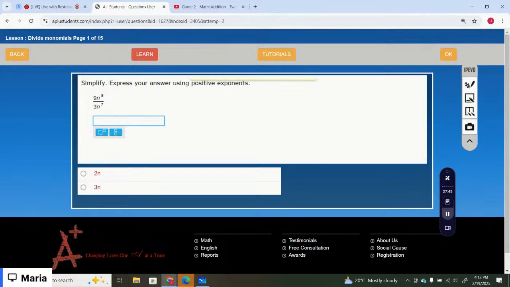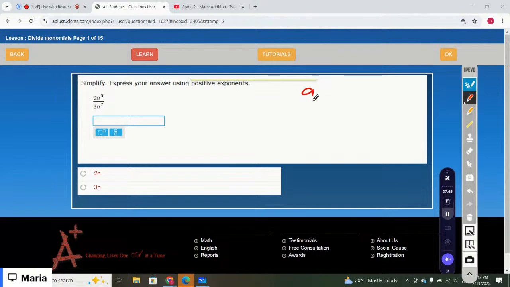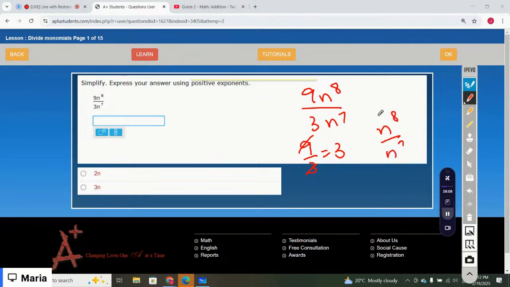9n8 divided by 3n7. First, let's just deal with the numbers. 3 times 1 is 3 and 3 times 3 is 9. So we have 3. Now just look at n8 divided by n7. When two terms with the same base are divided, we can subtract their exponents.